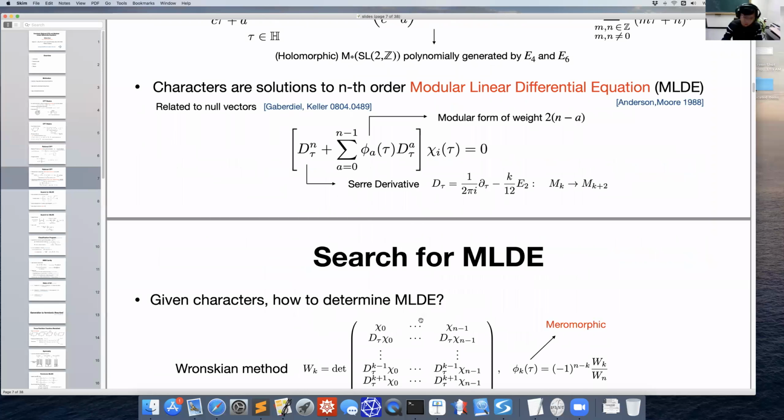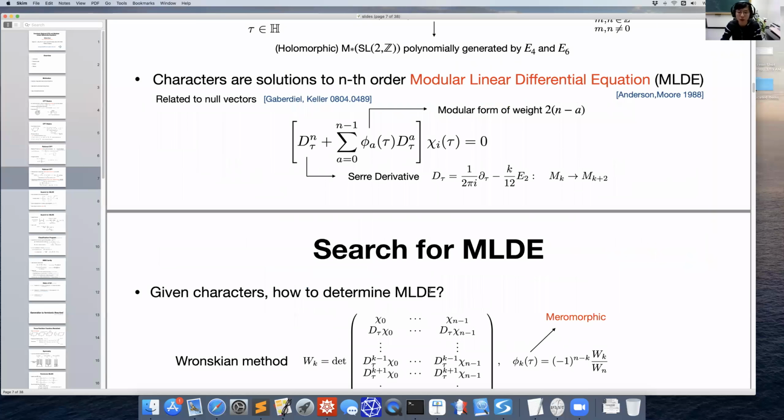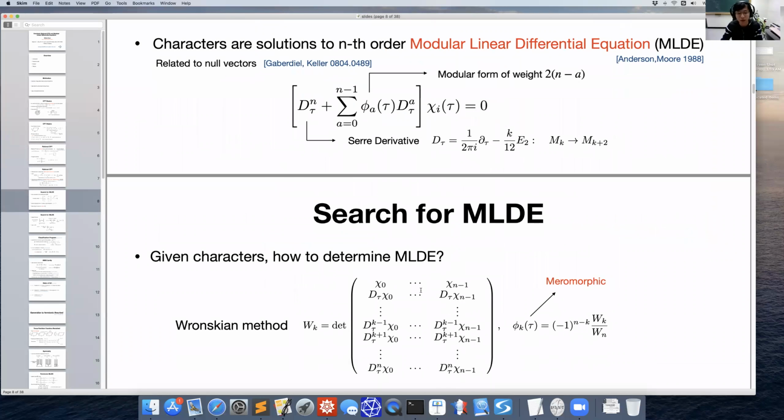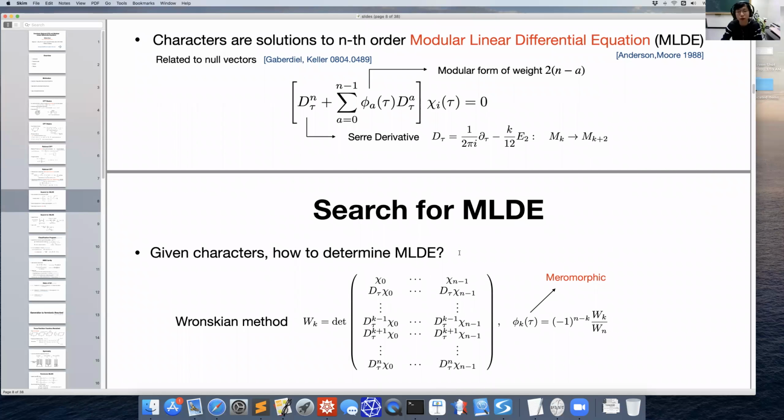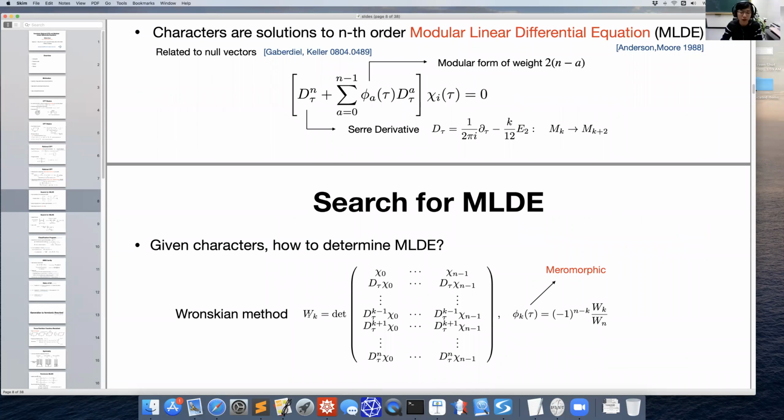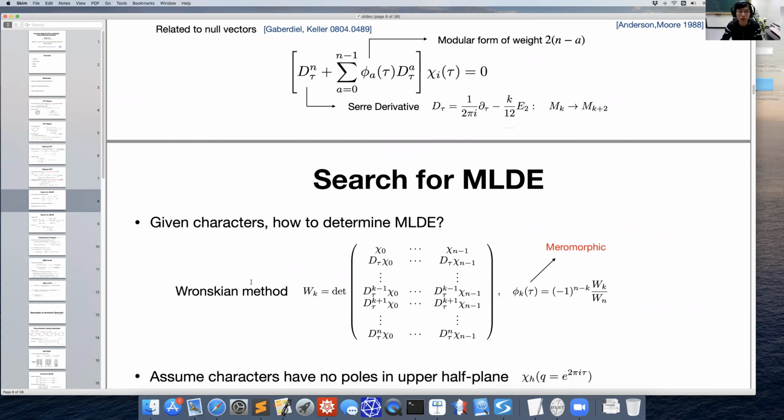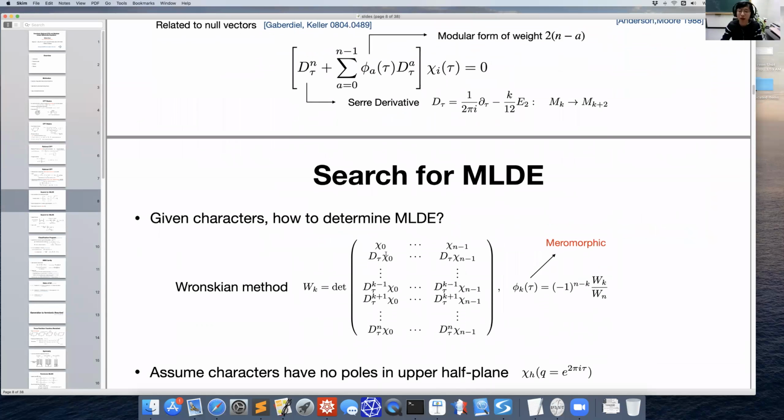Now naturally we are led to this question. Suppose we are given characters, how can we determine this MLDE? Actually, again, the solution is quite simple, because this is very similar to an ordinary differential equation. We just use the Wronskian method, where I write down such a W_k, where I express all the characters in the following form.